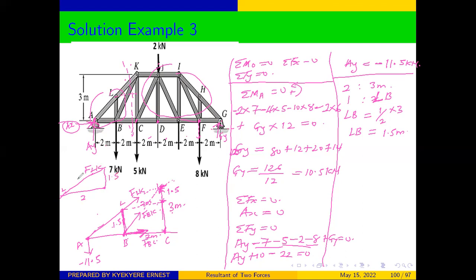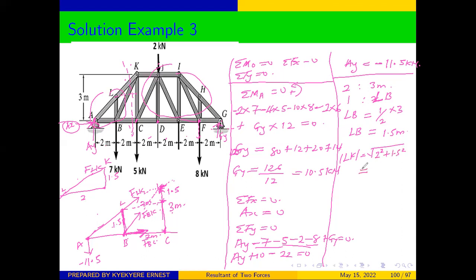So from here, we can calculate the hypotenuse. The hypotenuse from L to K is going to be square root of 2 square plus 1.5 square.